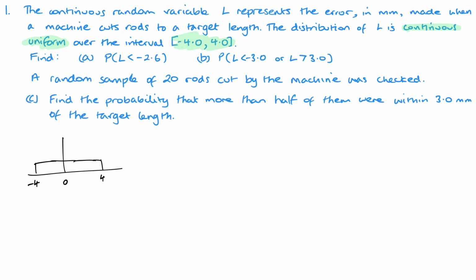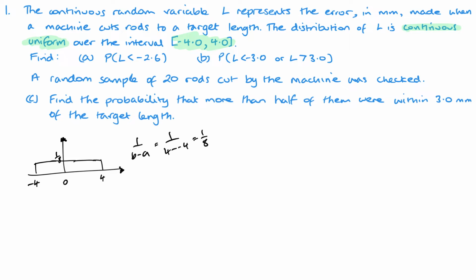And of course this is going to have a height of 1 over b minus a, so 1 over 4 minus -4, so 1/8. So there I have my little sketch straight away to help me out.